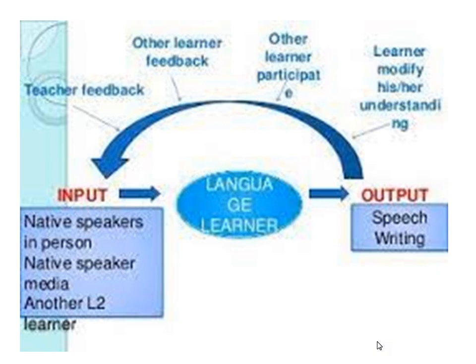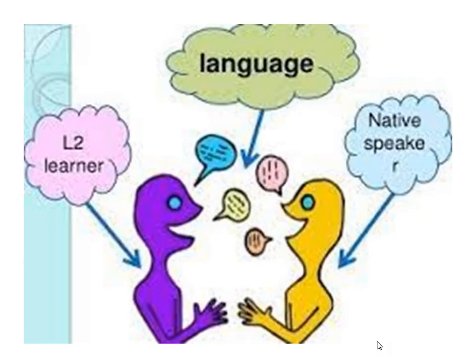So what is the definition of input? Input is the language data that we get at the time of learning a second or foreign language. Our question is how we can get this input. Which are the input? Listening and reading.